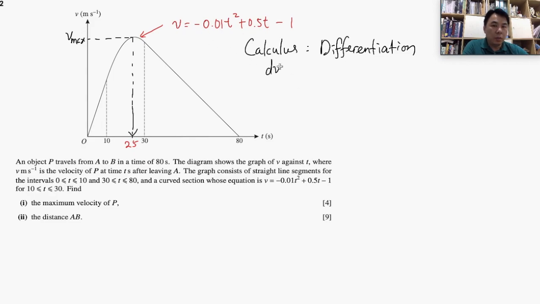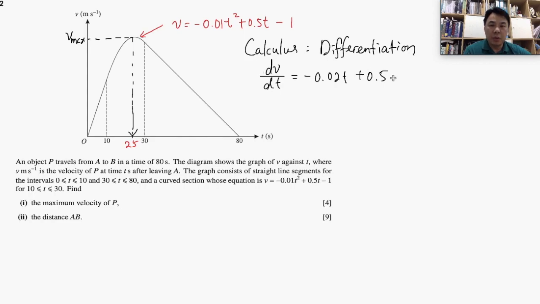We are going to obtain dv/dt, the rate of change in velocity, which is indirectly acceleration. I hope that you still remember how to differentiate this. You can treat the t as x. So if t is x, how do you differentiate x squared? That would give me negative 0.02t plus 0.5. Now that will be my dv/dt, quite similar to dy/dx.